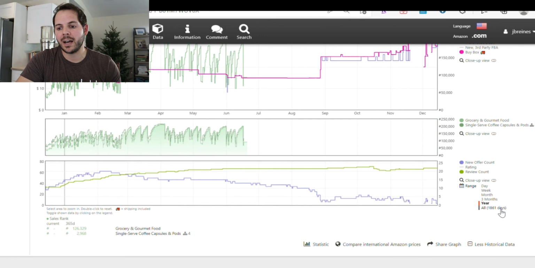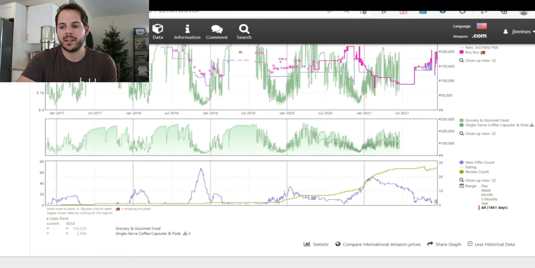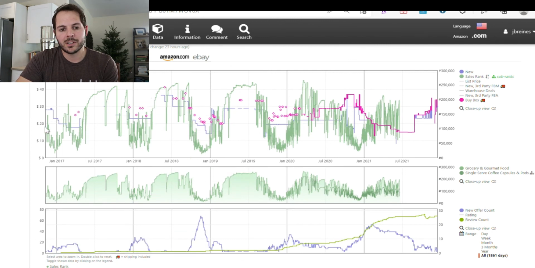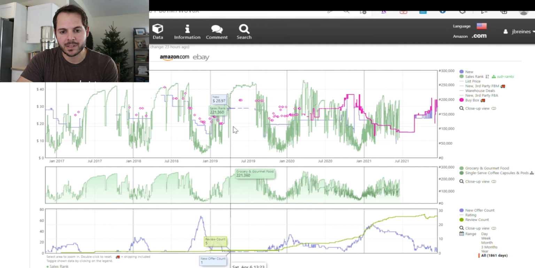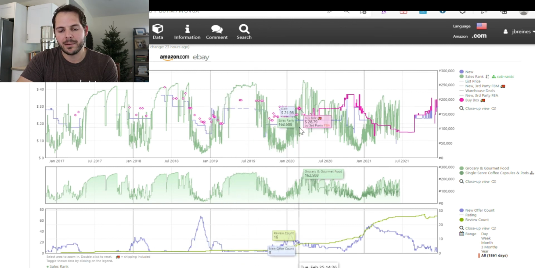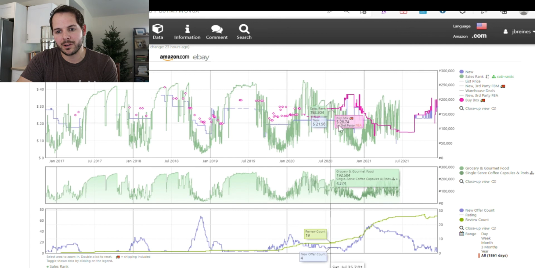It's been around a long time, but I'm also gonna click on that to look at the chart for the entirety of its life. And so again, up here in the top, it paints a picture that this sells really well in the holiday months, and then a little bit in between. And then here, another dip during the holiday months, and then it slows down. Major sales during the holiday months, slows down.